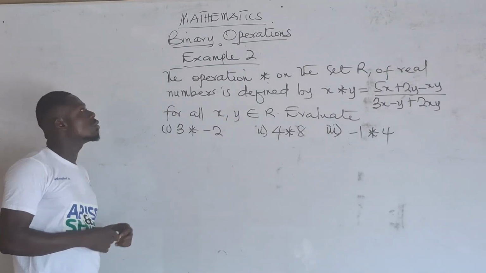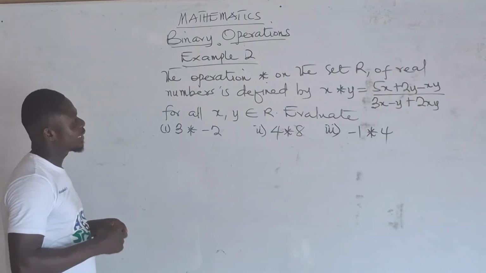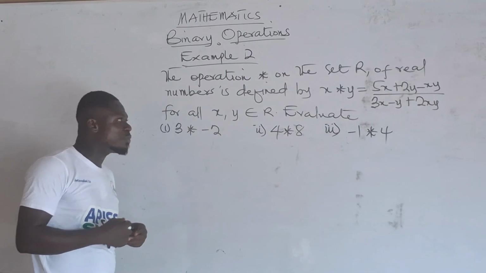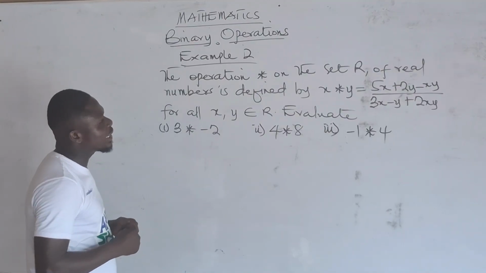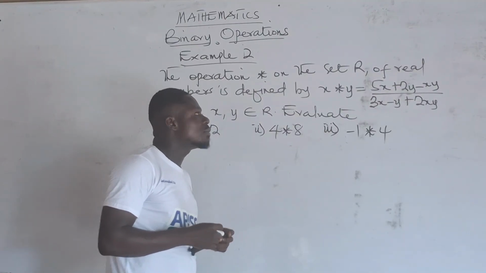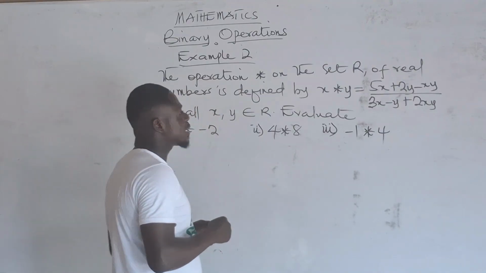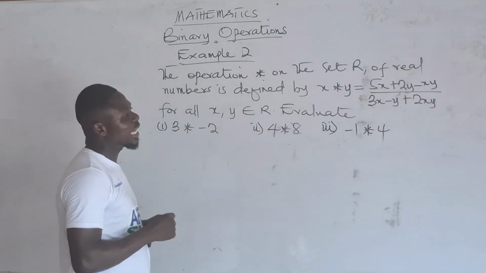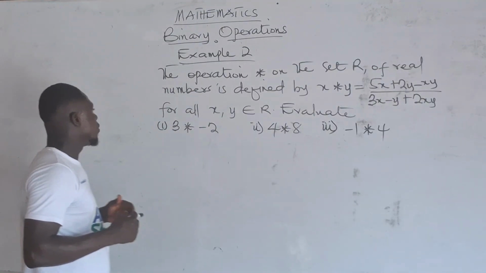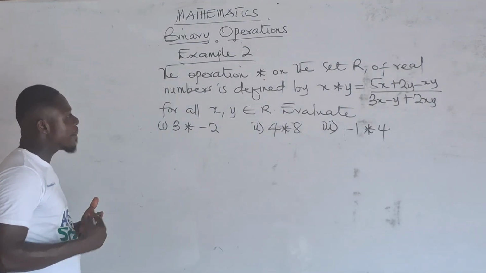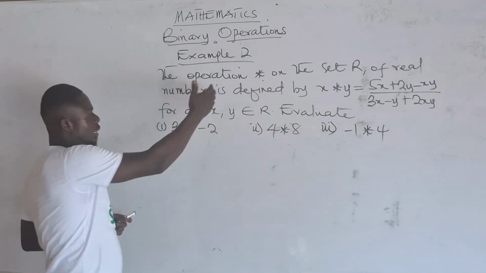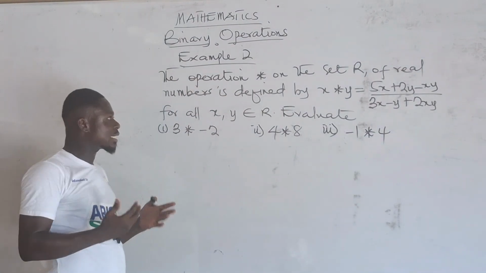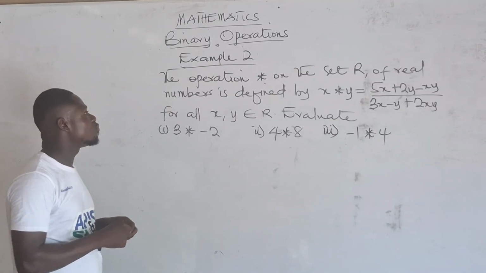In example 2, we have the operation star on the set R of real numbers is defined by x star y is equal to 5x plus 2y minus xy, or 3x minus y plus 2xy, for all x, y members of R. So x and y are members of R. It means that x and y are real numbers.